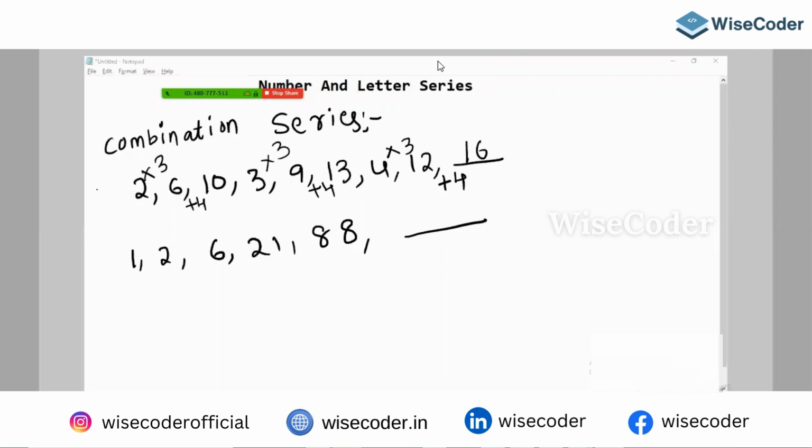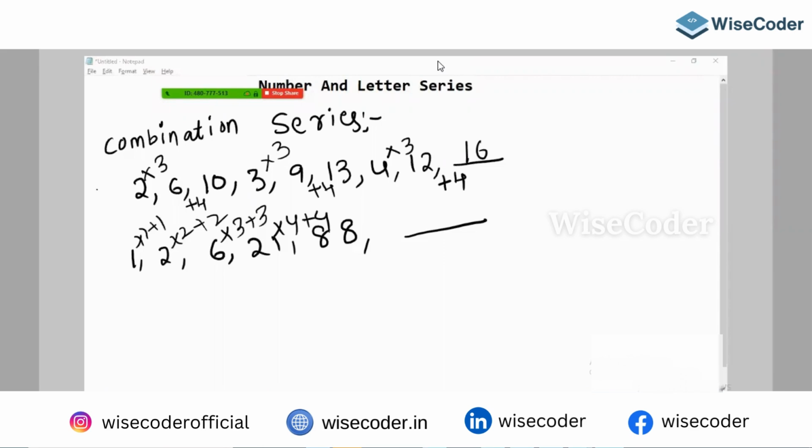So 21 times almost 4 is 84, plus 4. Look at here, guys, 6 times 3 is 18, plus 3 gives 21. So here must be times 2 plus 2, and here times 1 plus 1.